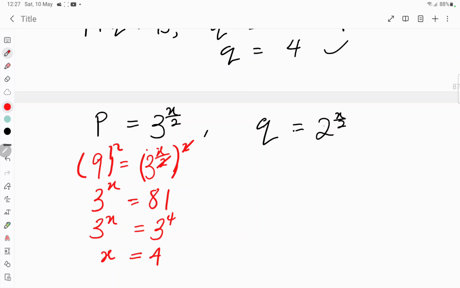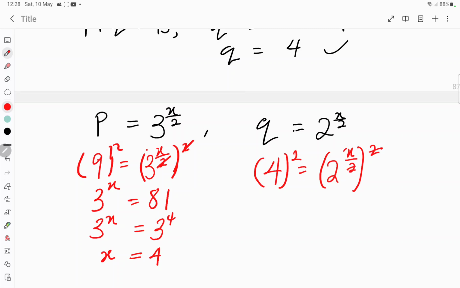Let's look at the value of q. We got q to be 4. We have that 4 is equal to 2 power x over 2. The first thing we have to do is to square both sides to eliminate that fraction in the power.